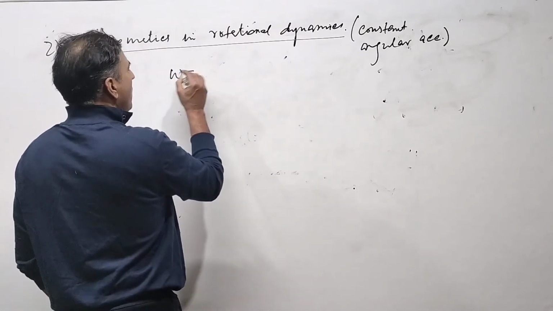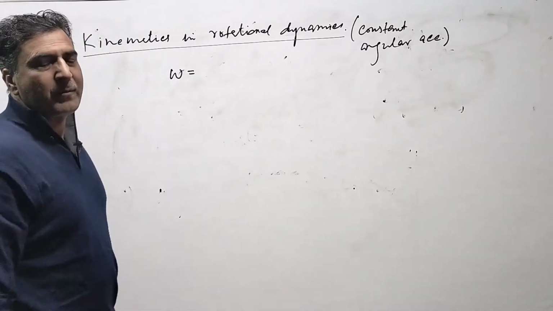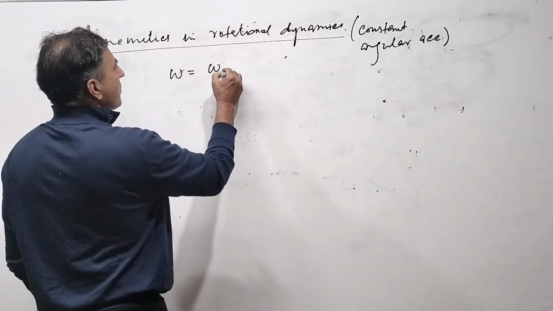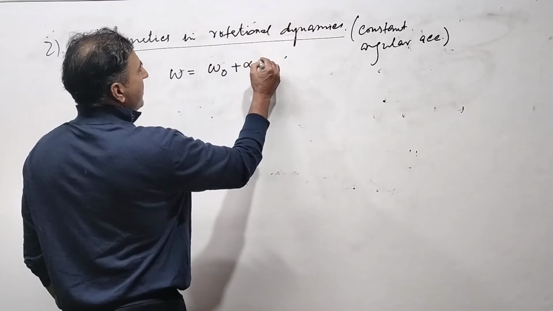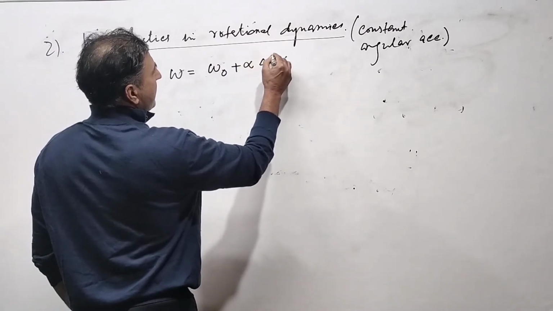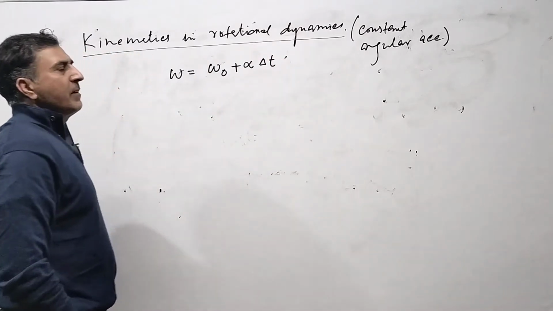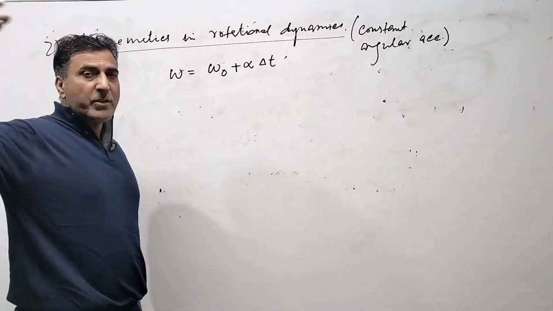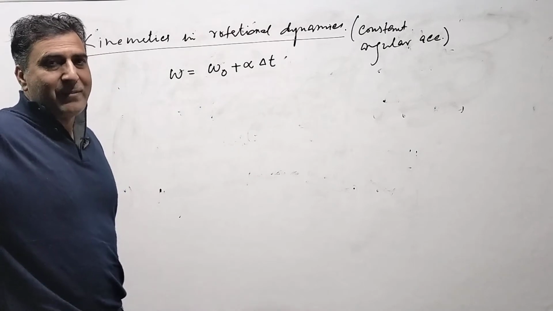Final angular velocity of an object is equal to initial angular velocity plus angular acceleration into time interval delta t. It is the corresponding equation for final velocity is equal to initial velocity plus acceleration into time.